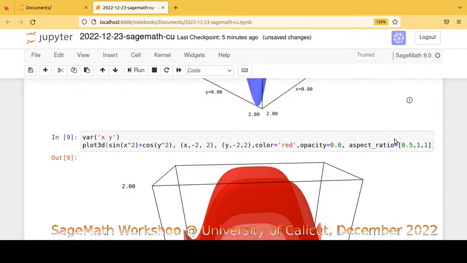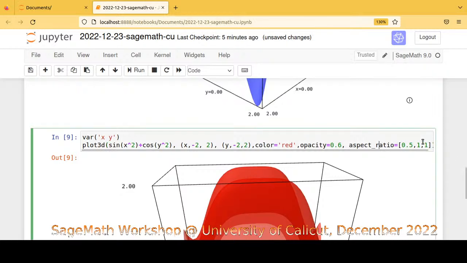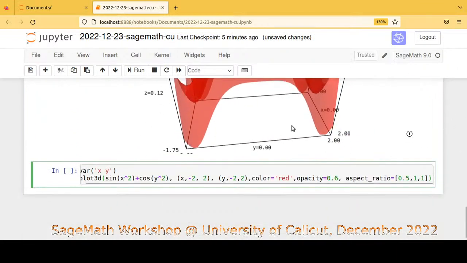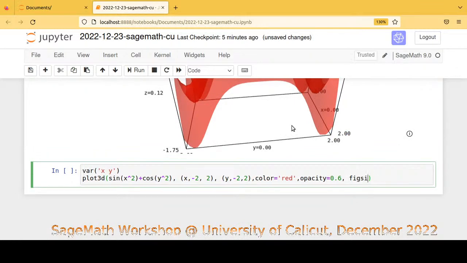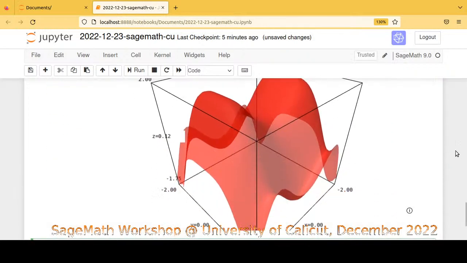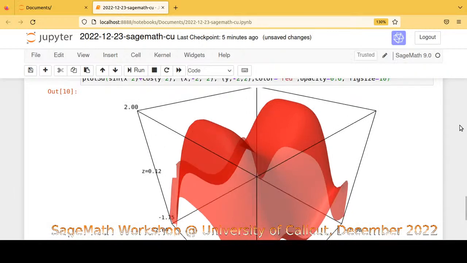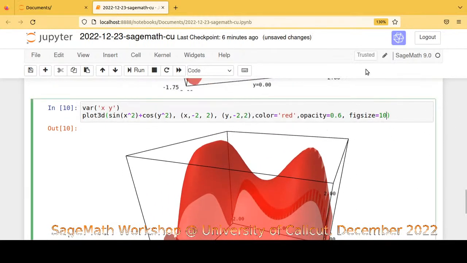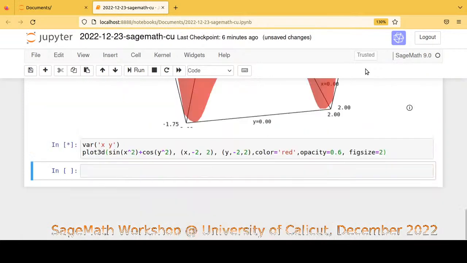Now you can give figure size also if you want. Let us see the effect of the figure size in the next plot. In fact, this figure size will work in the case of the usual plot command as well. Figure size is equal to 10, equal to 2.